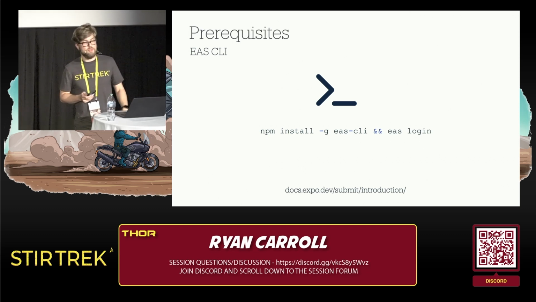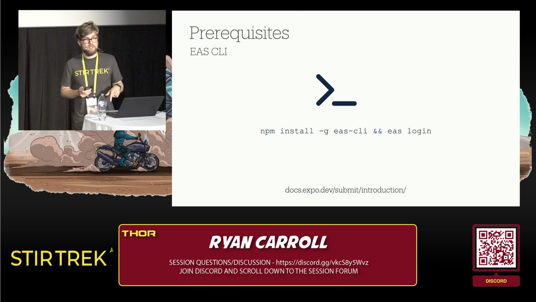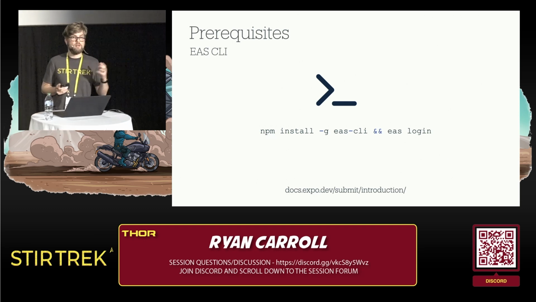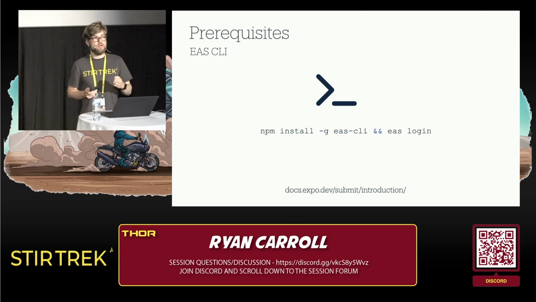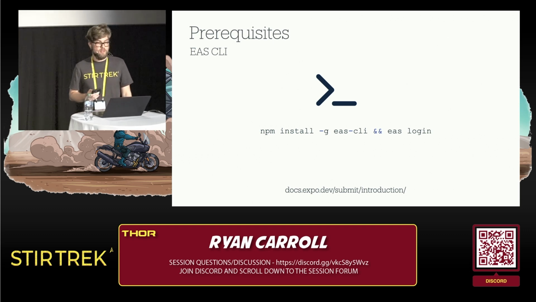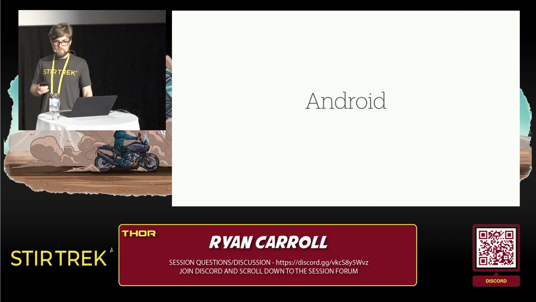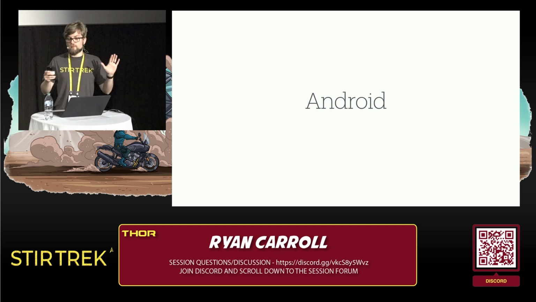You can install it with this quick, easy command here. And then there's also a link to the Expo documentation, which again takes you by the hand and leads you through this process of how you actually get that built, how you sign into your different accounts, and that sort of thing. So now, those are the prerequisites that you need for both platforms.